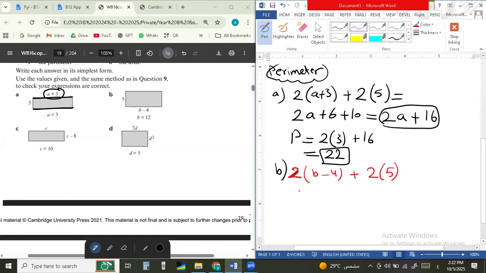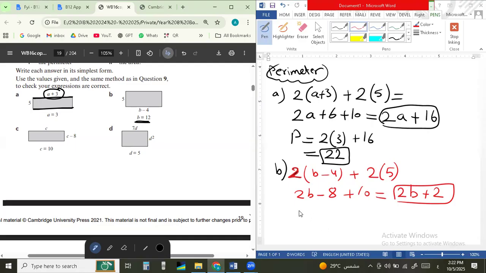So it's 2b minus 8 plus 10, which will be simplified to give me 2b plus 2. They want you to use b equals 12. So I'm going to write 2 times 12 plus 2. 2 times 12 is 24, plus 2 is 26.